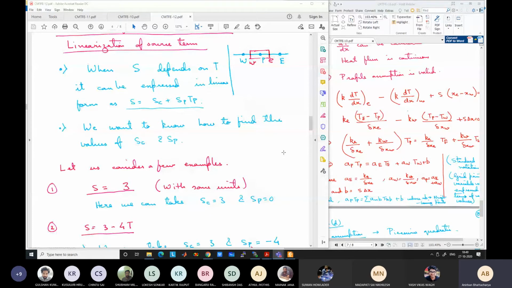There is no fixed solution for these cases. There can be an infinite number of source term linearizations. It depends on the user who is discretizing the equations to define the value of SC and SP. There is no correct value, although there can be wrong values.